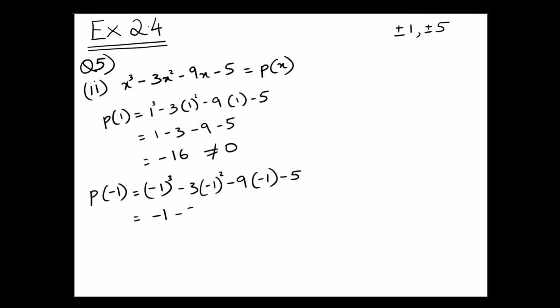This gives us minus 1 minus 3 plus 9 minus 5. The negative terms add up to minus 9 plus 9. These terms cancel each other out, giving 0. And this implies that x plus 1 is a factor.